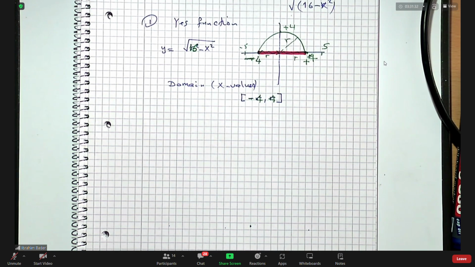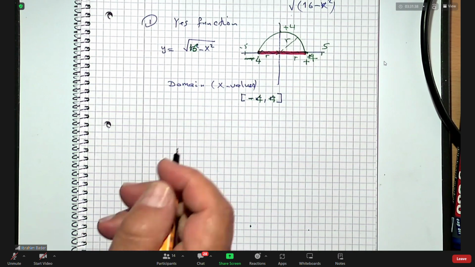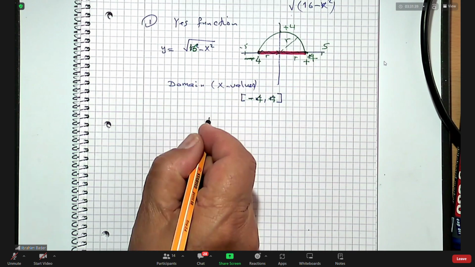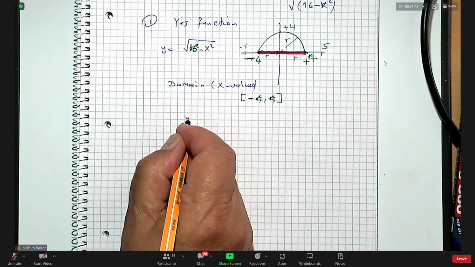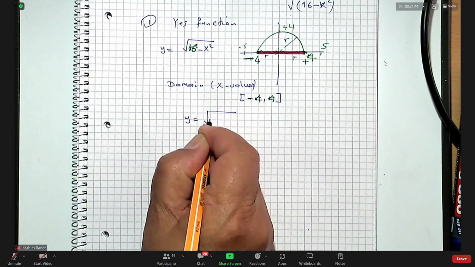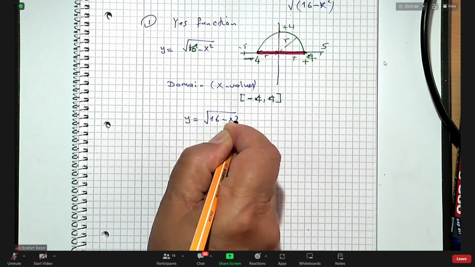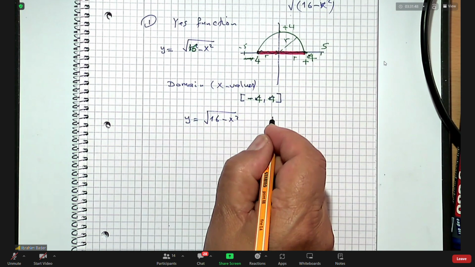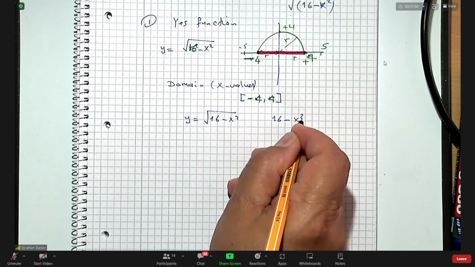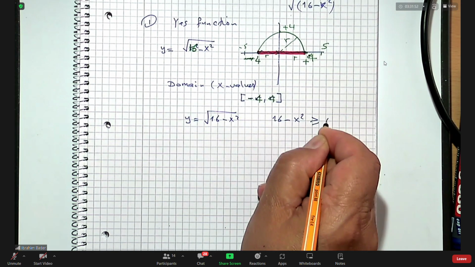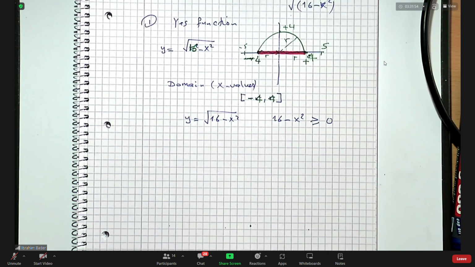These two cases are not allowed in real numbers. So in this case, y equals the square root of 16 minus x squared, and 16 minus x squared must be greater than or equal to 0.